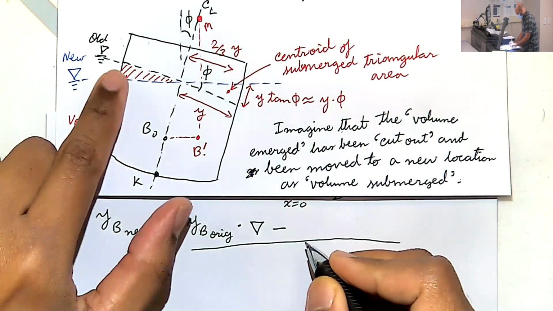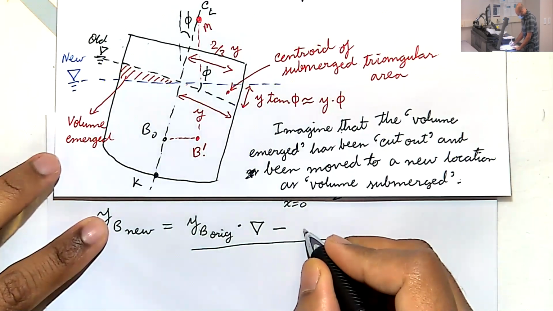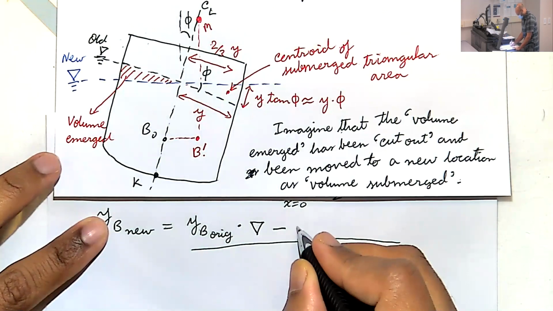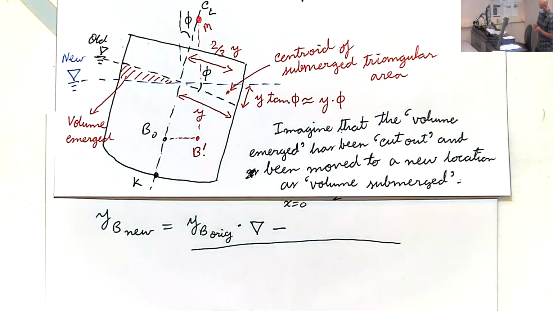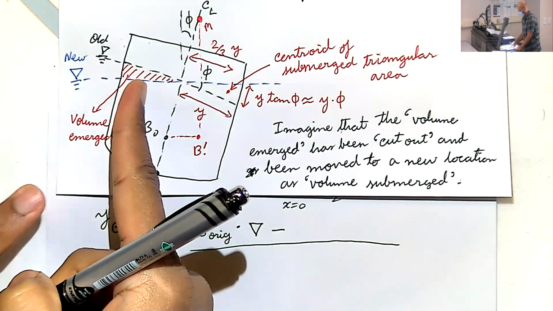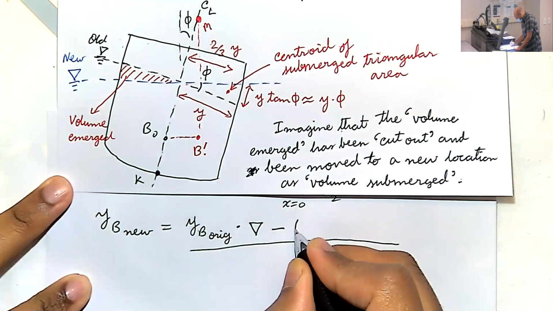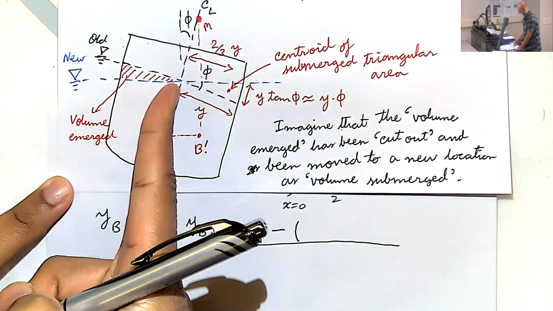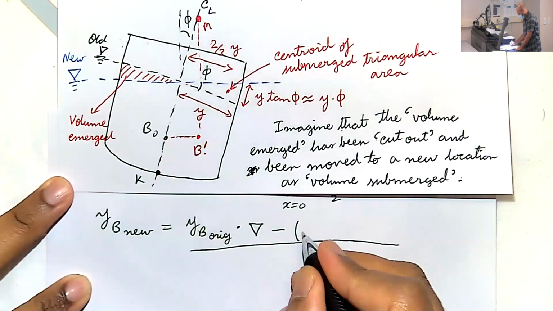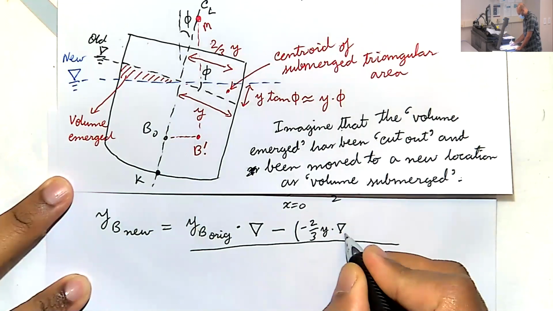Okay, let's subtract this guy. Wait, there are two minus signs. For the volume immersed, you subtract, okay? So what's the centroid location? It's negative 2 over 3 y times nabla emerged.